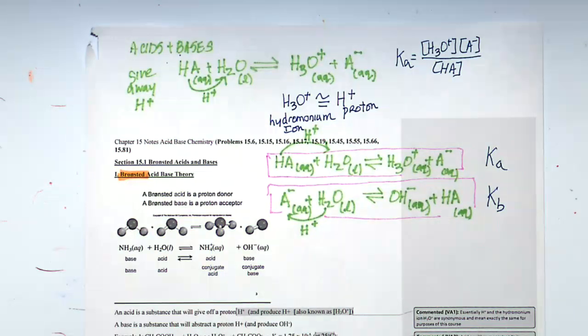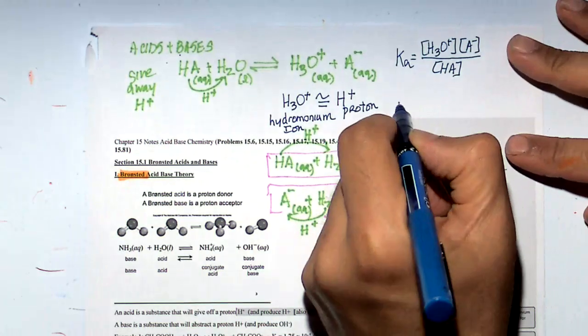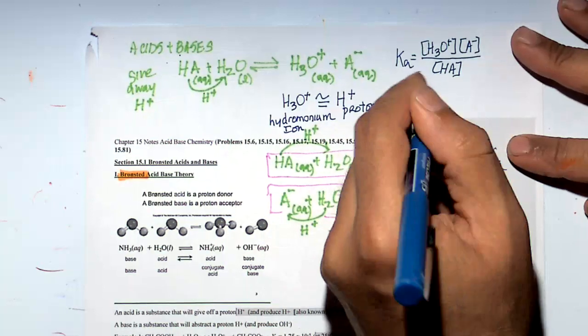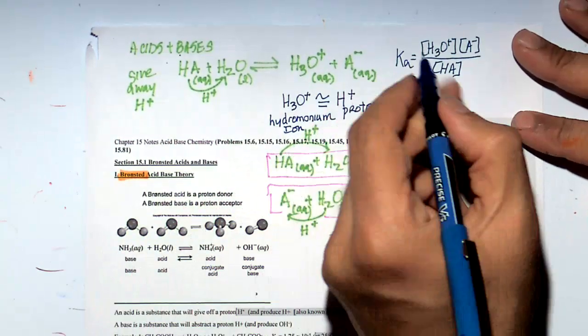That's the equilibrium constant for this acid. Why did I not put water in there? For next Monday's exam, no liquids, no solids. I'm going to do the same thing for Kb. Products over reactants.